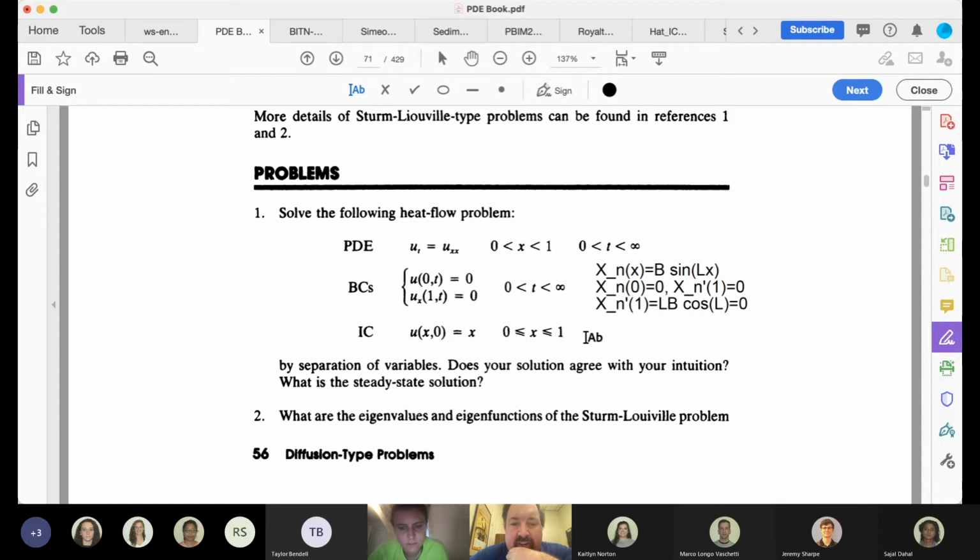So whatever your solution X_n of x is, like your sine function, yes, you do need to know about the m equals n case because you have to divide by that.